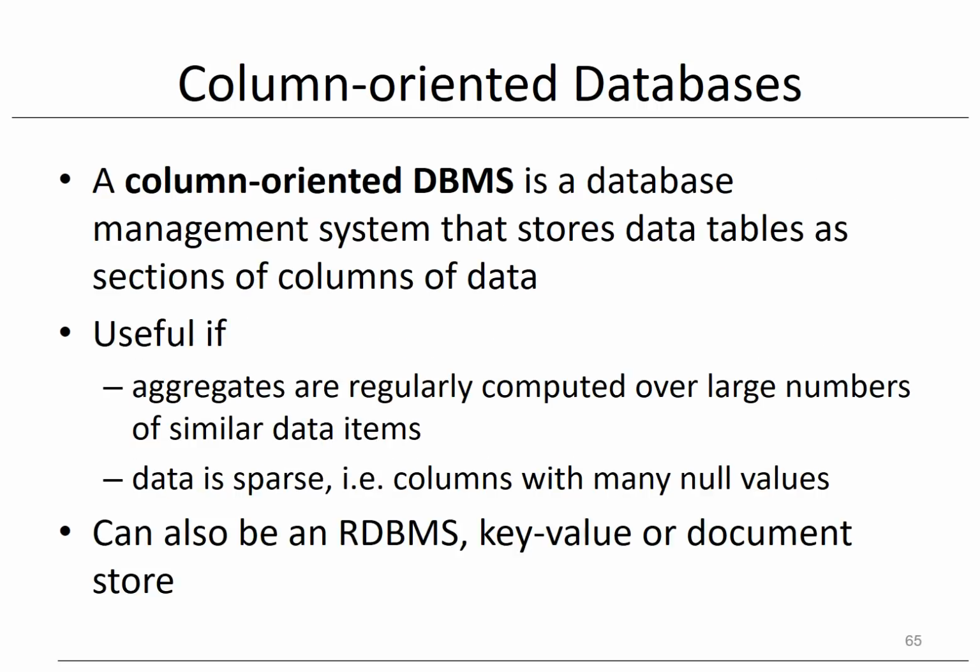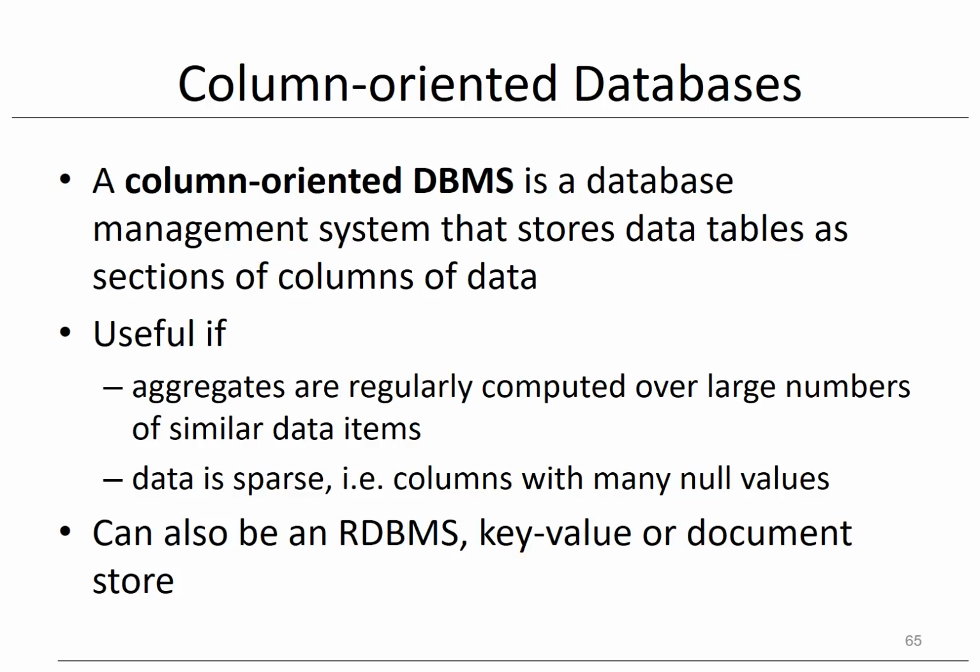A column-oriented DBMS is a database management system that stores data tables as sections of columns of data rather than as rows of data as in most DBMS implementations. Such an approach is useful in applications where aggregates are regularly computed over large numbers of similar data items or when the data is sparse with columns having many null values.